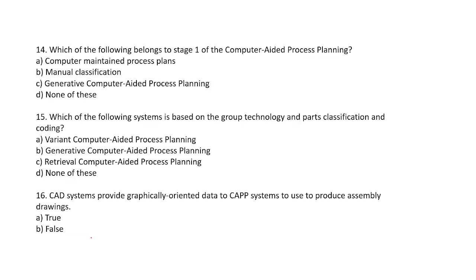And which of the following belongs to stage 1 of computer aided process planning? Over the last several decades, there has been growing interest in automating the process planning function by introducing computer systems.